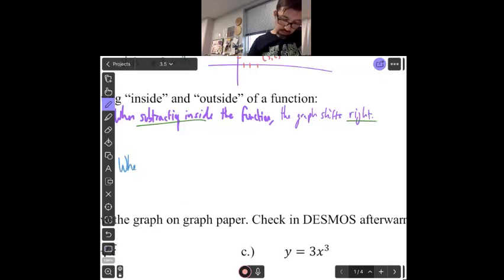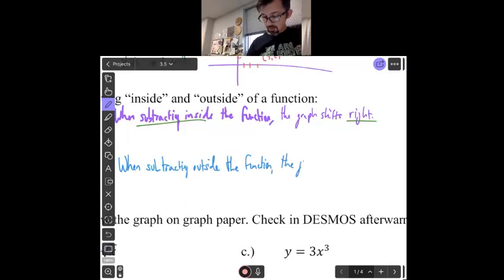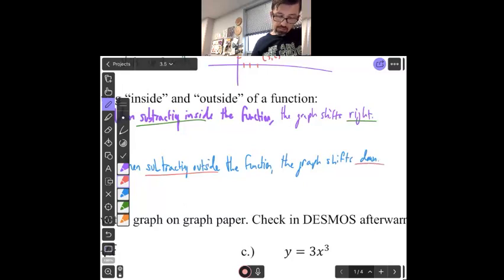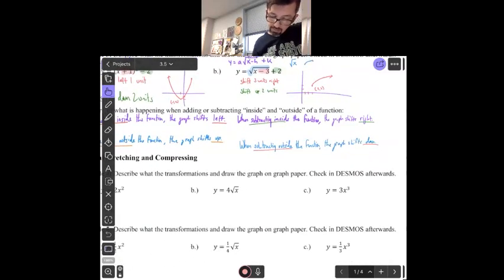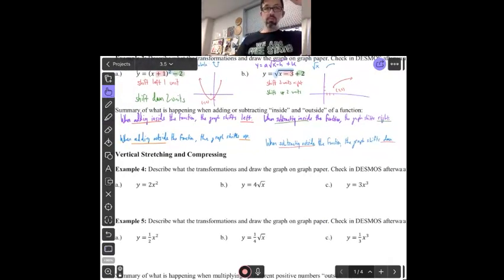And subtracting outside, the graph will shift down. Anything shifting-wise you guys want to talk about?